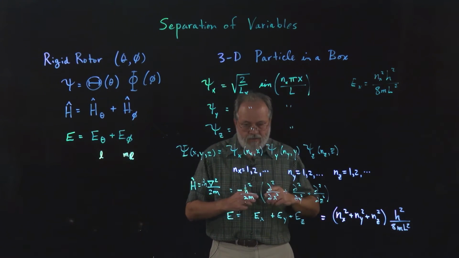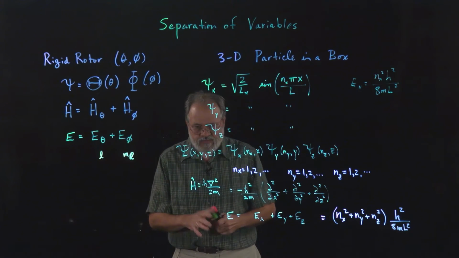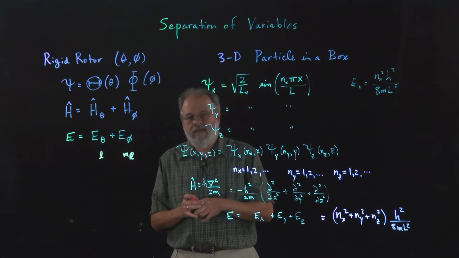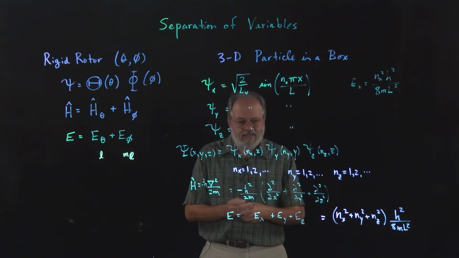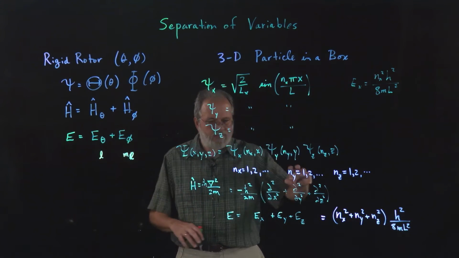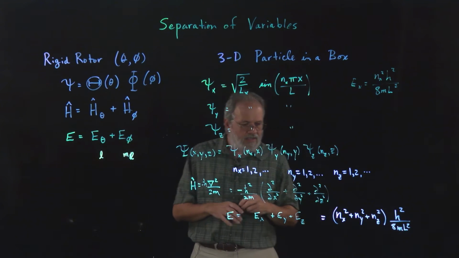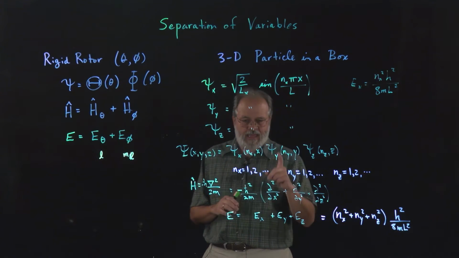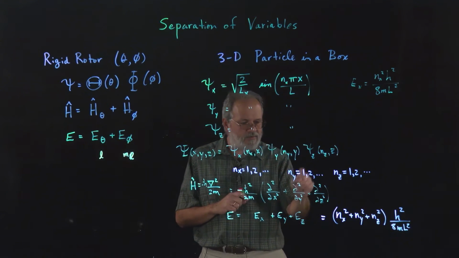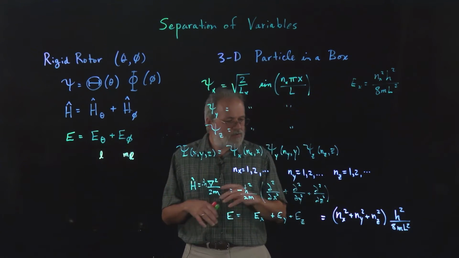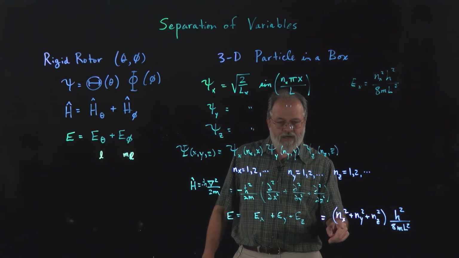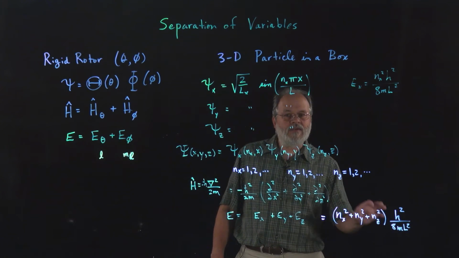All right, so now we get something interesting, is that the number of states, of course, depends on how many different ways there are. So the lowest possible energy you can have, if this was 1, that is 1, and that is 1. And so when you do that, you get 1 squared plus 1 squared plus 1 squared, that's 3.